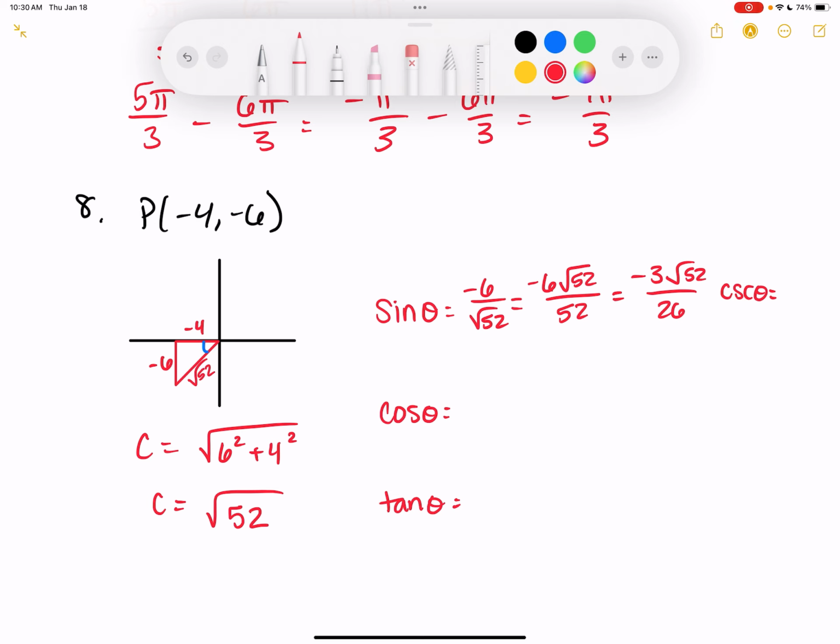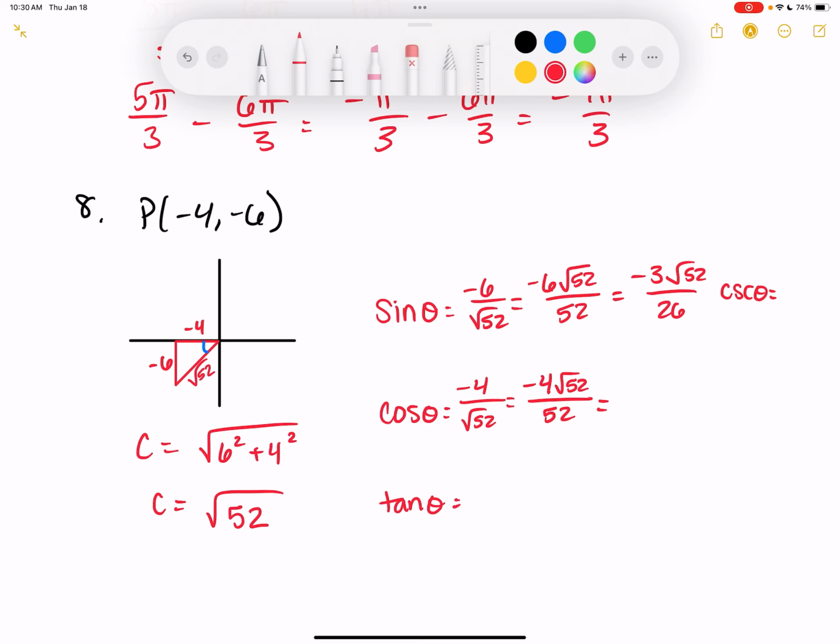All right, cosine of theta. -4 over square root of 52. And rationalized, that would be negative 4 root 52 over 52, which will reduce to negative root 52 over 13.